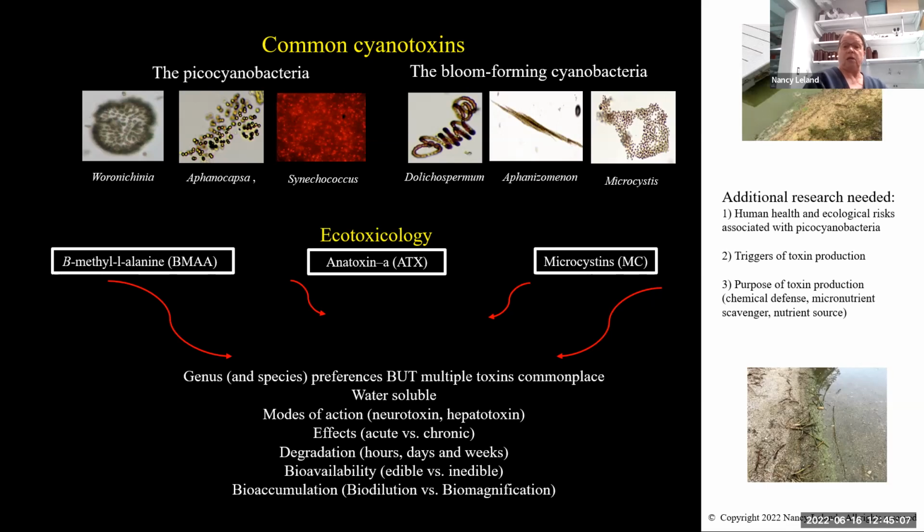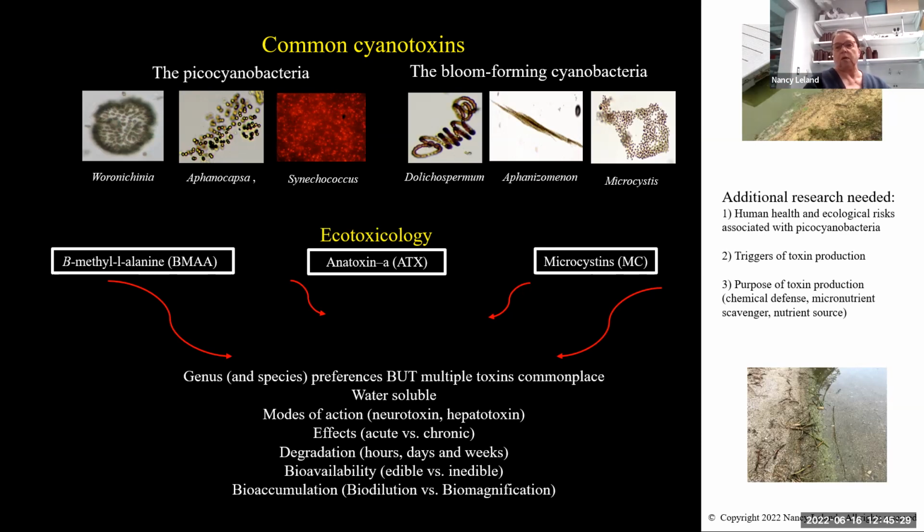And one of the things that we keep in mind is, what's the purpose of the toxin production anyways, as far as the cyanobacteria is concerned? Obviously, they're not producing the toxins because of us, because these organisms have been around for billions of years, but there are several theories about it.